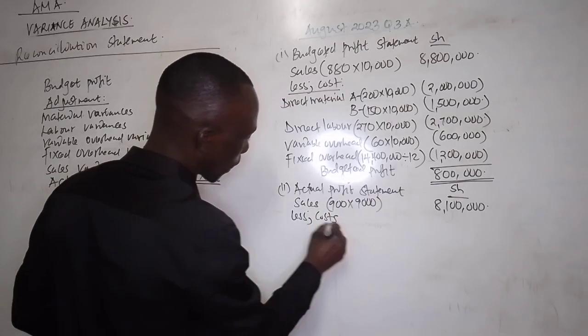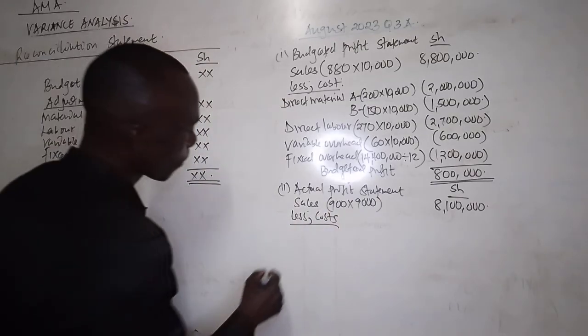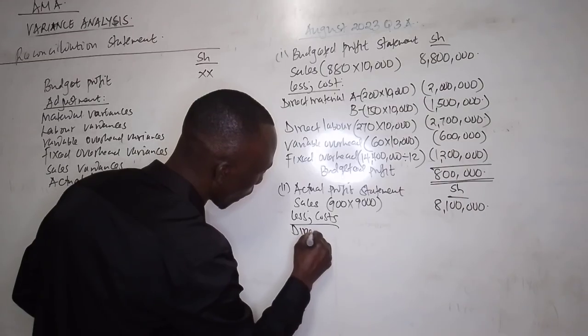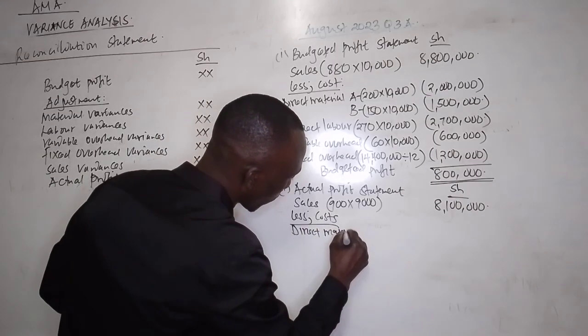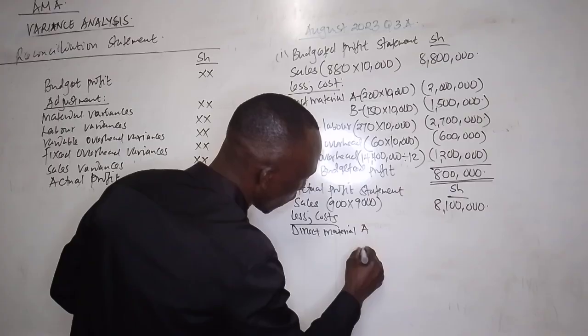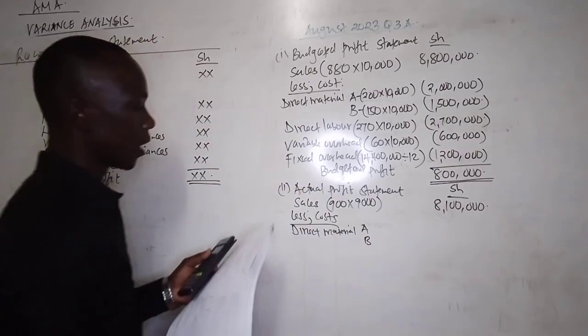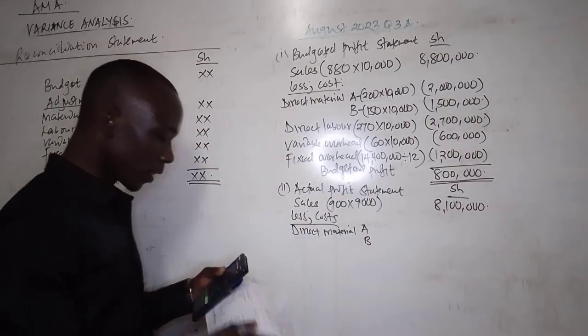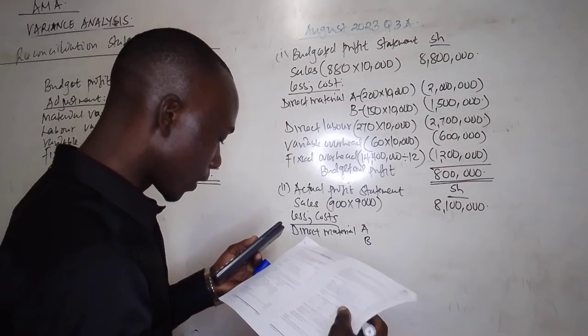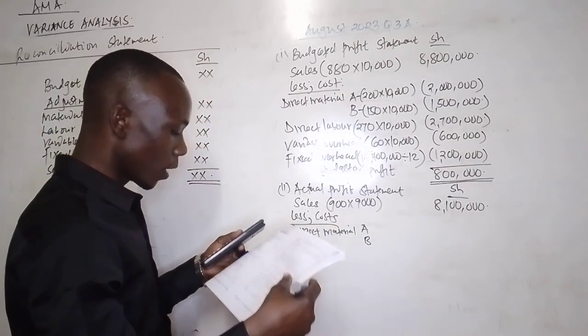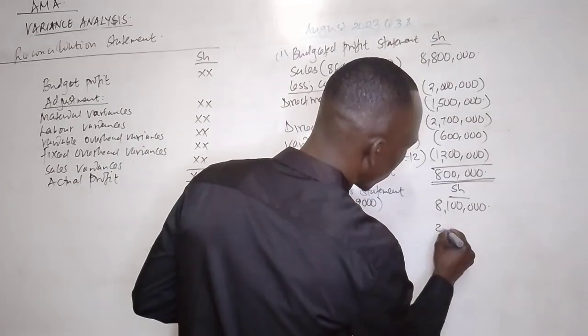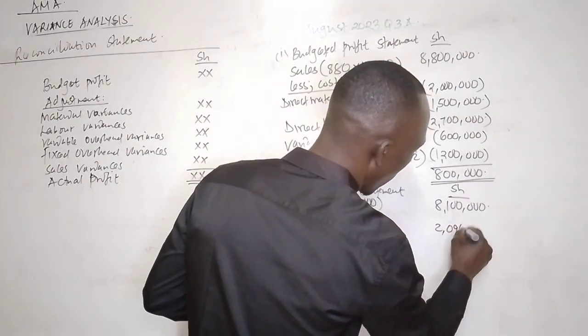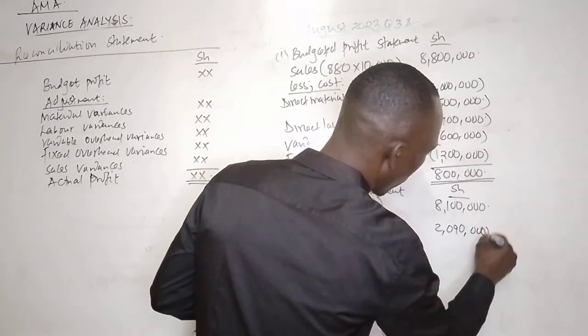We raise the cost. And these costs are made up of, number 1, direct material. Direct material, we have A, and also we have B. So for direct material consumed, we are given the total, and the total is 2,090,000.